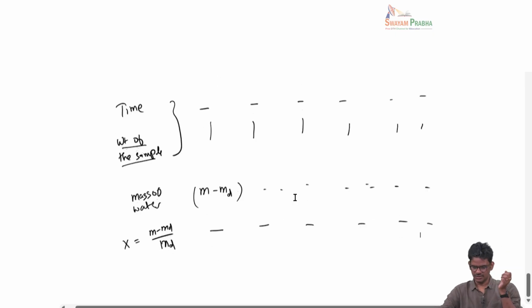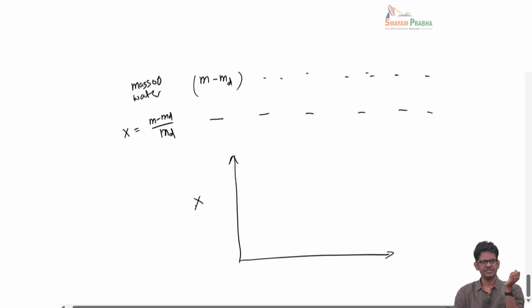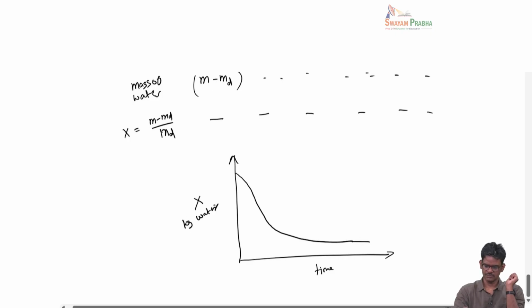So the outcome of this drying test would be a drying curve where I draw the moisture x as a function of time, and you will see something like this. So this is kilogram of water over kilogram of dry solid. And this is time, maybe in seconds or hours, depending upon the nature of the material.